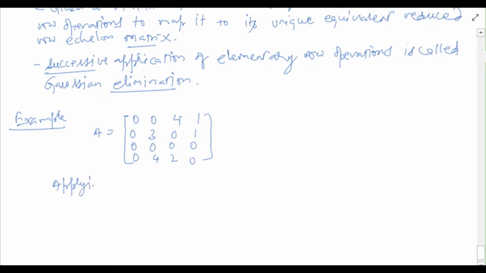Apply interchange of R3 and R4, and we will get 0 0 4 1, 0 3 0 1, 0 4 2 0, 0 0 0 0.